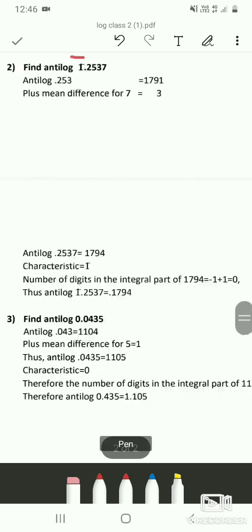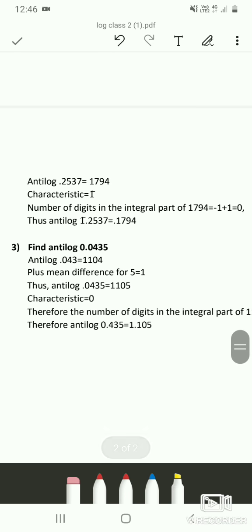The next problem is to find the antilog of 0.0435. As we had seen in the note, to find the antilog of the mantissa part, you should consider the first 3 digits, that is 04 under 3 with the mean difference 5. You shouldn't consider 43 under 5.